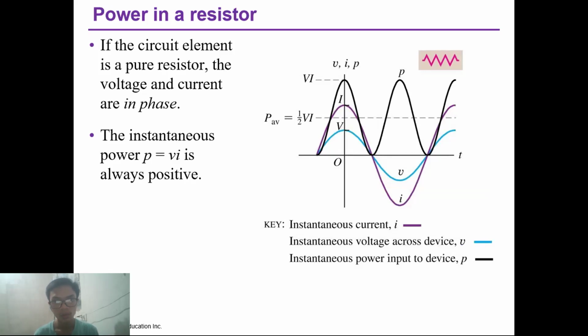So we have here the instantaneous current, small letter i, the instantaneous voltage across the device, small letter v, and the instantaneous power input to the device, small letter p. Again, the instantaneous power will always be positive, which means that the resistor dissipates energy continuously. So the power is equal to the product of the instantaneous voltage multiplied by the instantaneous current.